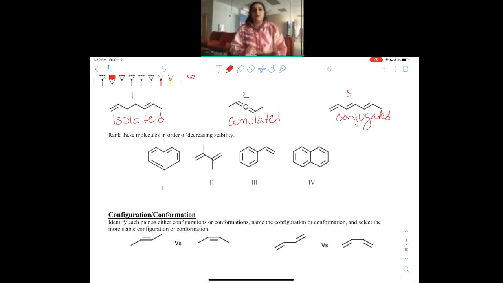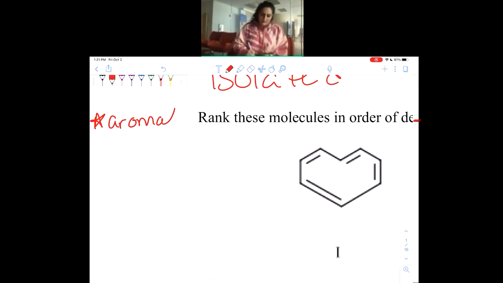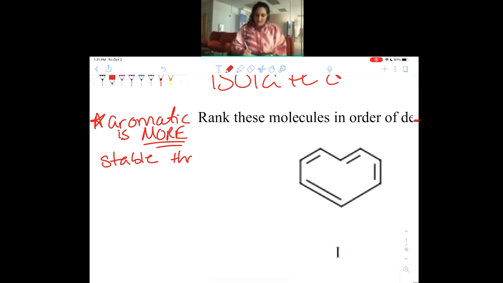One thing I will point out, though, before I ask you guys to help me answer this, is there is an aromatic effect when it comes to conjugation. We're going to talk about this in chapter 14 because you guys haven't learned about aromaticity yet, but I'm just going to write: aromatic is more stable than conjugation.